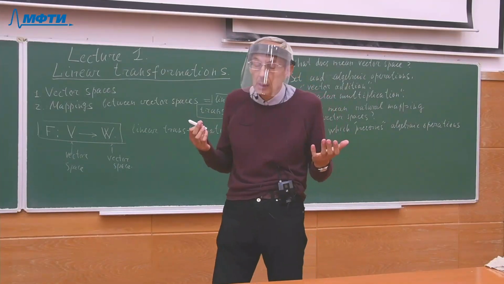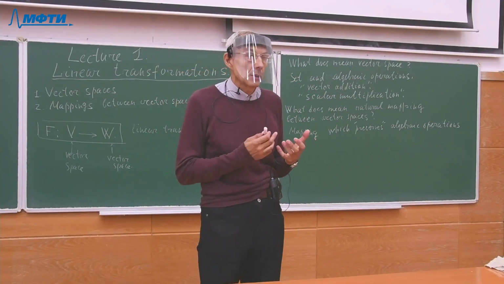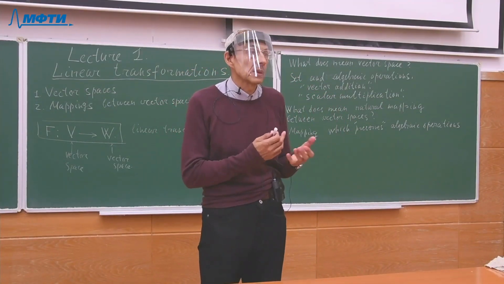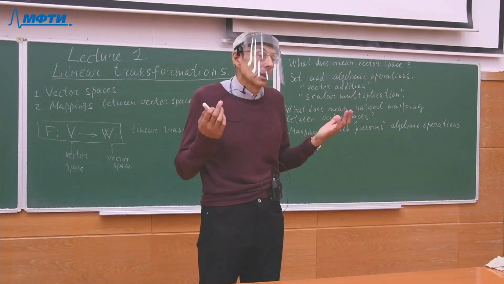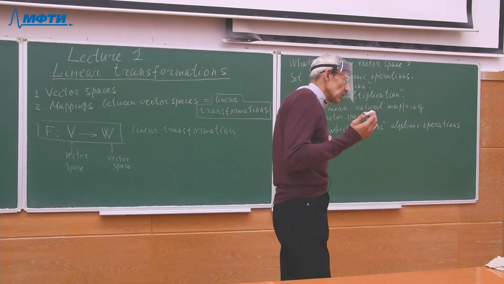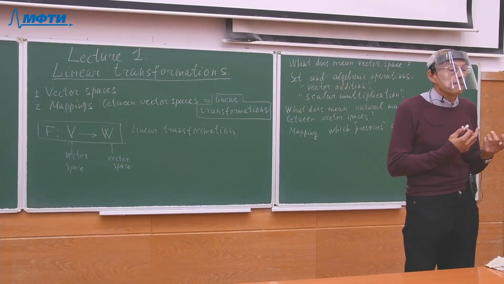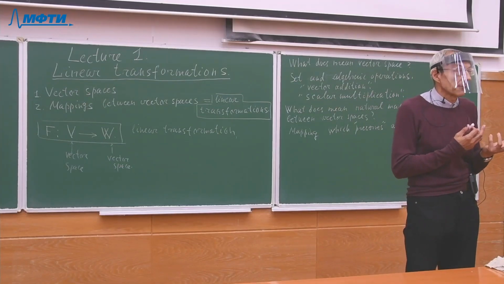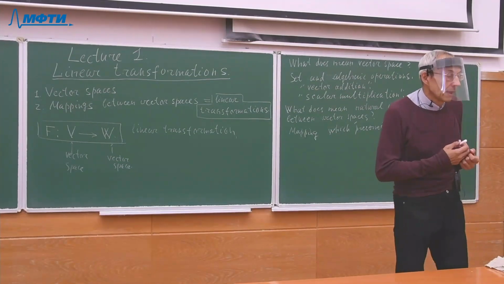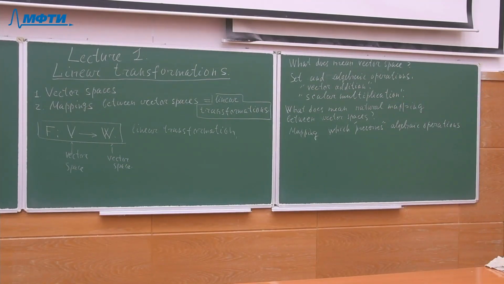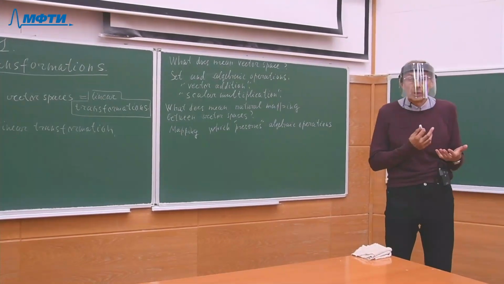If we have a natural mapping between such objects, naturally this suggests that the mapping preserves these operations, a very natural condition.